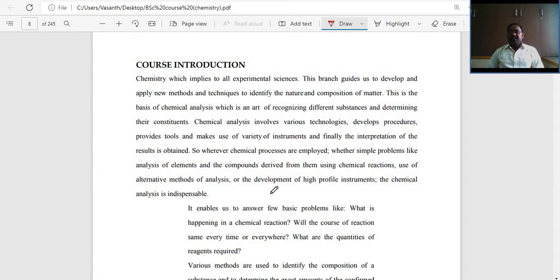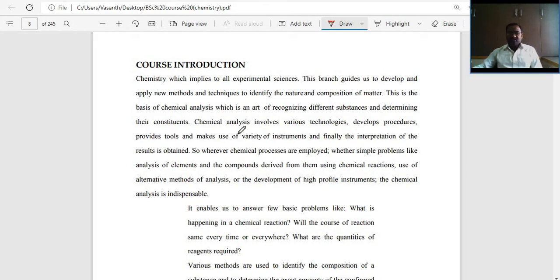The fundamental particles of atoms are protons, neutrons and electrons. The proton was discovered by the scientist Goldstein. Electron was discovered by J.J. Thomson. And neutron was discovered by James Chadwick.